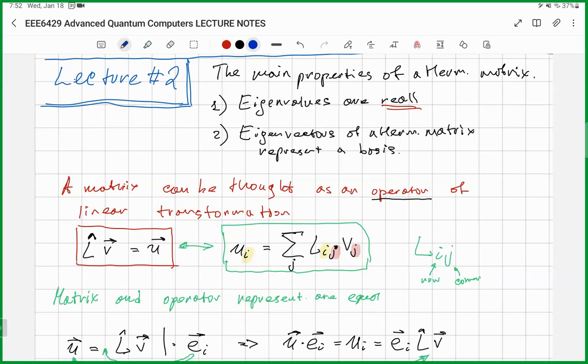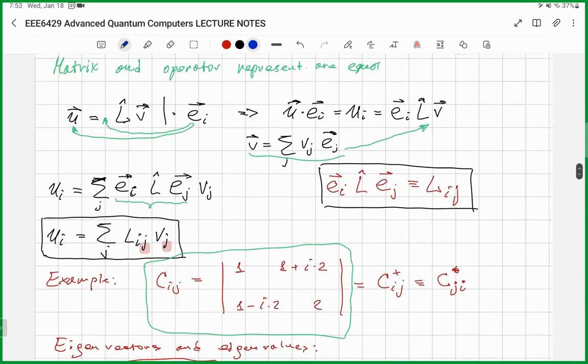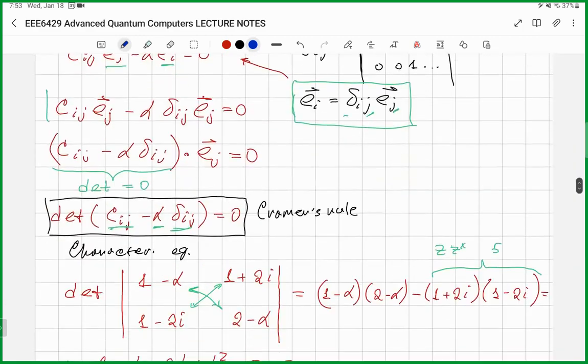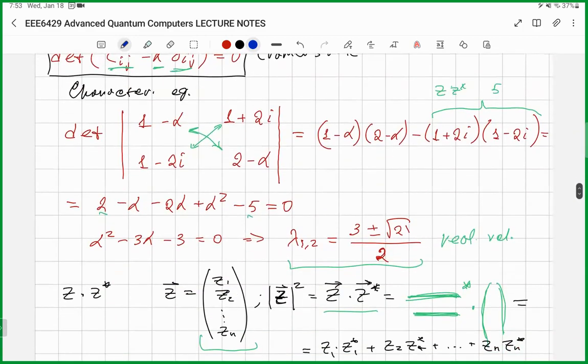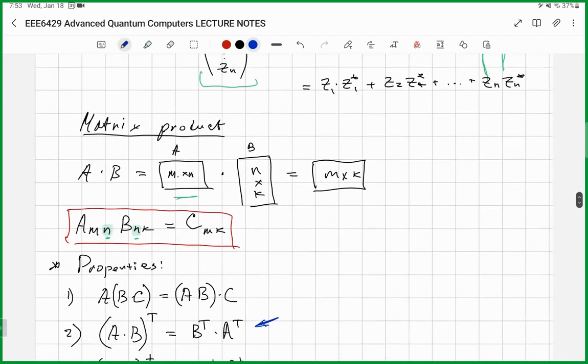So this type of matrix is important because its eigenvalues are real, and we can use it to build up quantum mechanics. Then we discussed basically how to find the eigenvalues of any matrix.